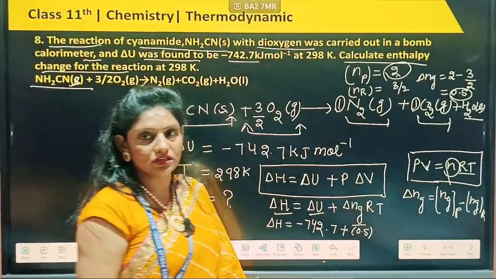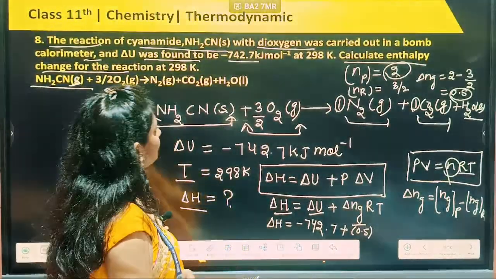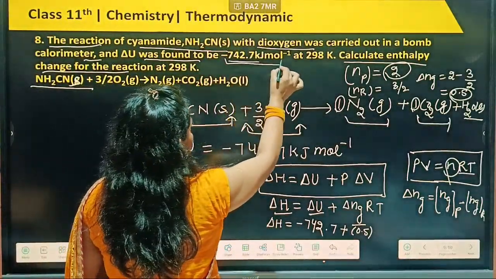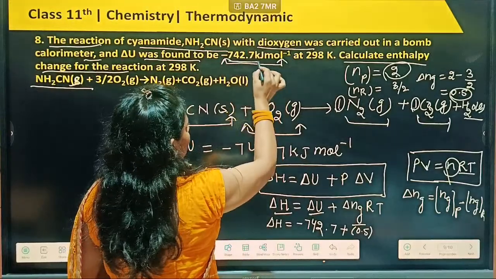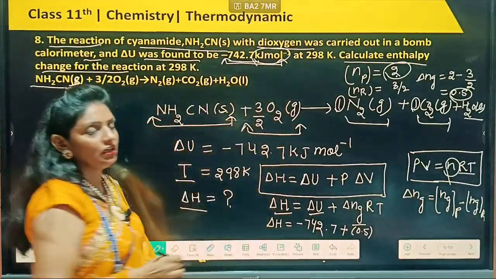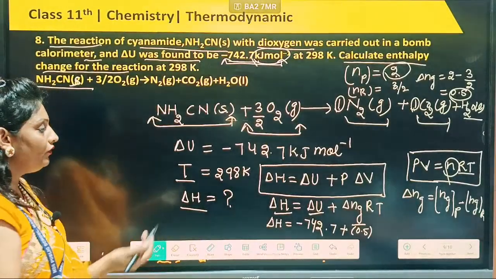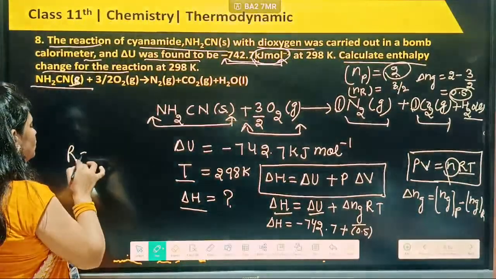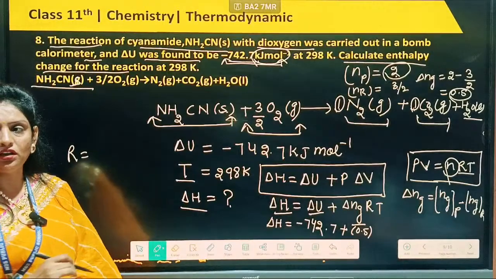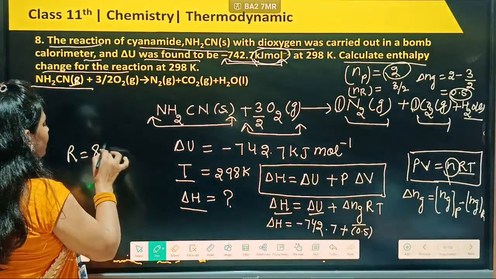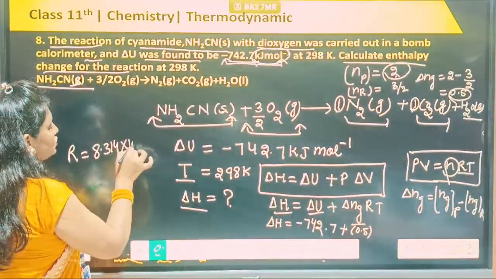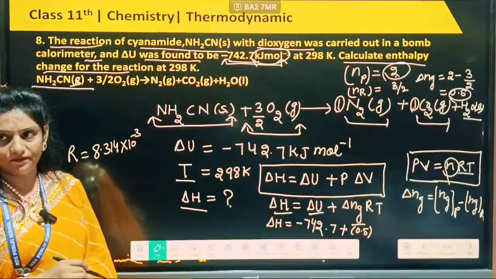R is gas constant, and students, here del U is given in kilojoule per mole. So the value of R we will also take in kilojoule per mole. So it is 8.314 into 10 raised to power minus 3.